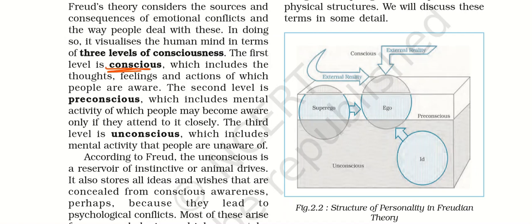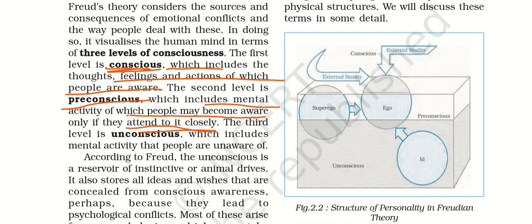So, what is consciousness? This includes the thoughts, feelings and actions which you are aware of. Like, what are you reading right now? You're reading class 12th chapter 2nd of a psychology book. This is your consciousness. Now pre-consciousness includes mental activity that people may become aware of only if they attend to it closely.